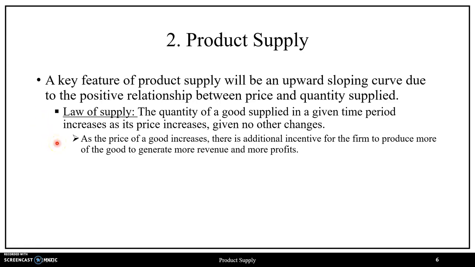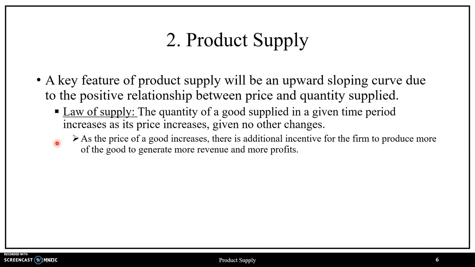where the first argument is going to be that as the price of a good increases, there is additional incentive for the firm to produce more of a good or service, in that they can generate a higher income stream in the form of revenue, which could correspond to potentially more profits so long as that higher revenue stream exceeds additional costs incurred by producing more goods and services.